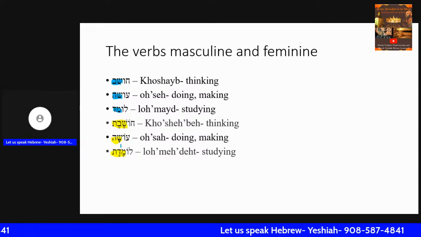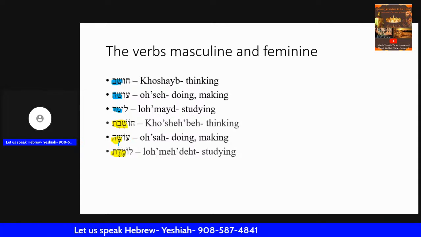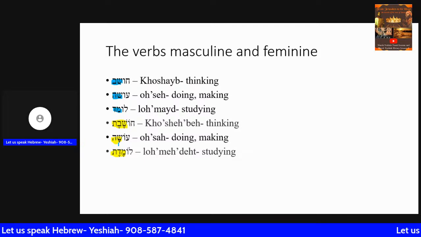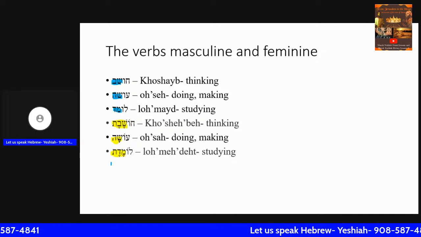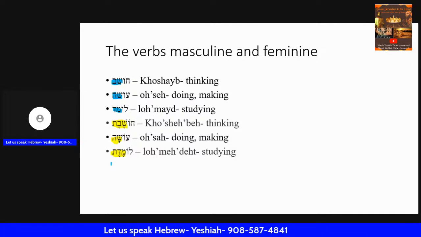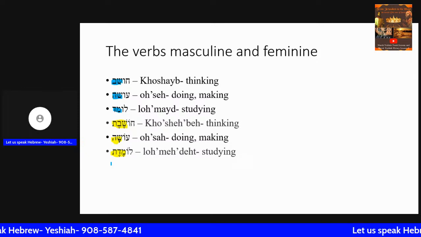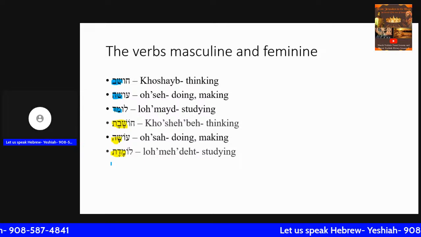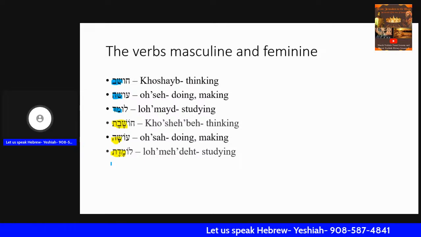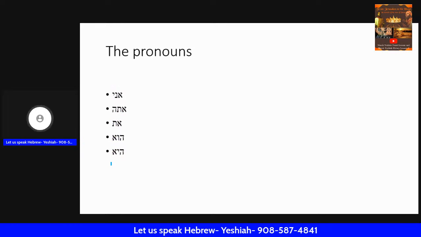Yalda osa she'urbetah, a girl is doing her homework. Yalda lomedet she'urbetah, a girl is studying her homework. So again, brothers and sisters, just wanted to point this out with these kind of pronouns and verbs. You'll begin to see how easy Hebrew is.